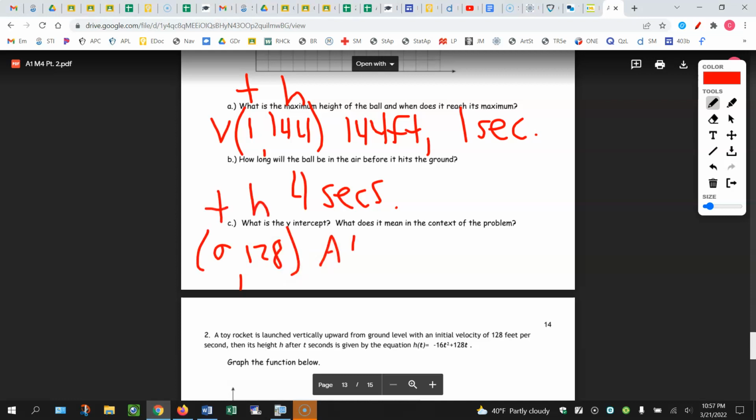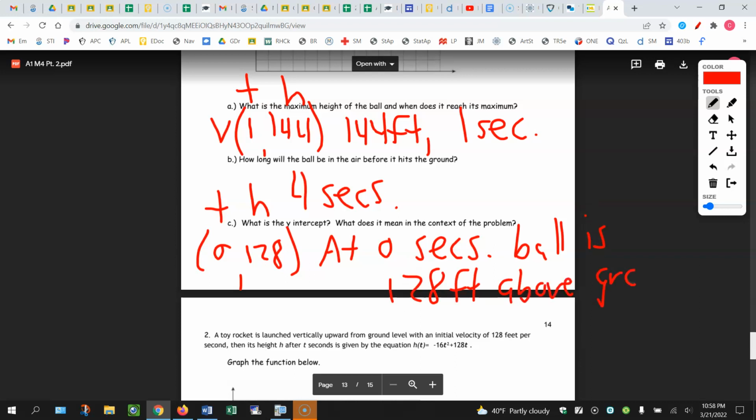So at 0 seconds, the ball is 128 feet above the ground. Okay, so that's what it means in the context of the question.